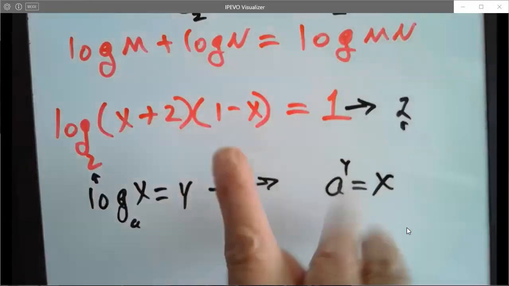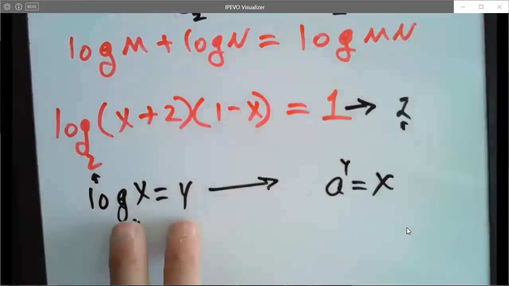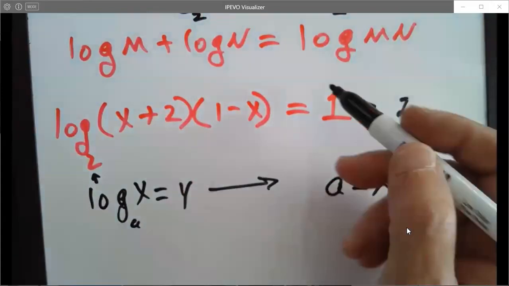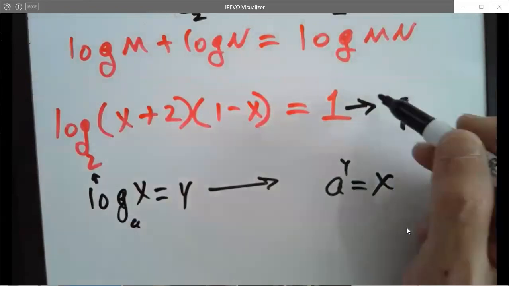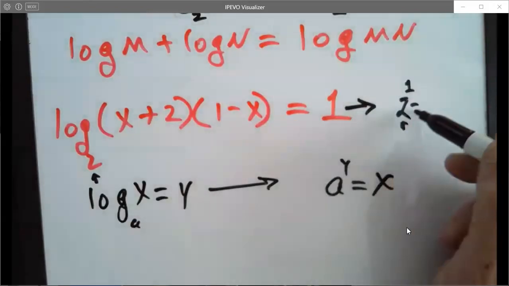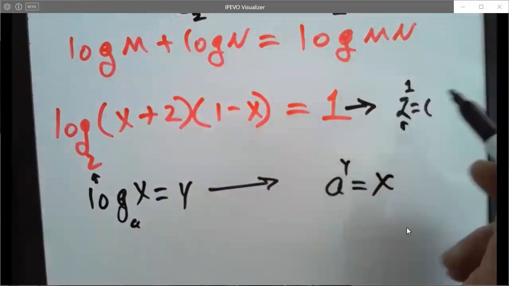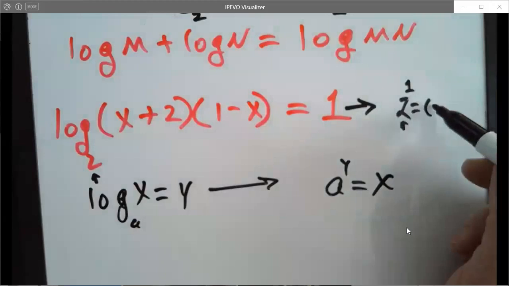And then we switch these two, like what we did here. So the exponent is going to be the 1, and then on the other side of the equal sign, the x plus 2 and 1 minus x go.